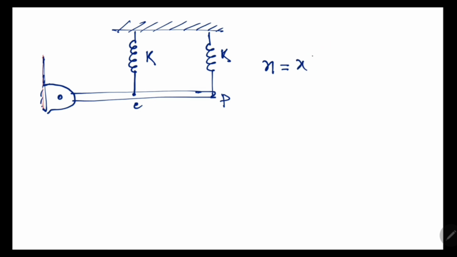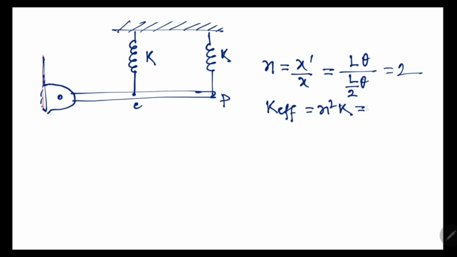Let elongation of the spring be x dash and displacement of center of mass be x. So x dash is L into theta and this is L by 2 into theta, that equals 2. Therefore effective spring constant, that is n square into k, equals 4k.